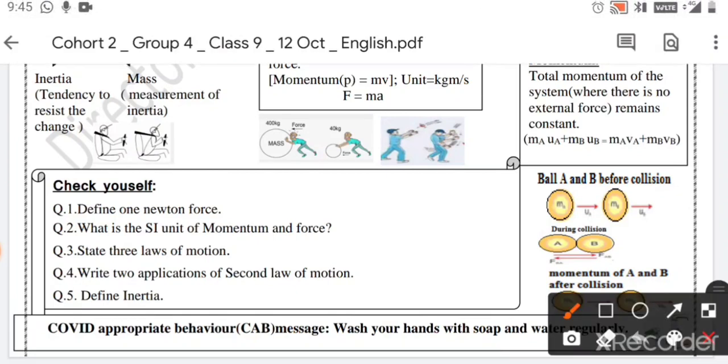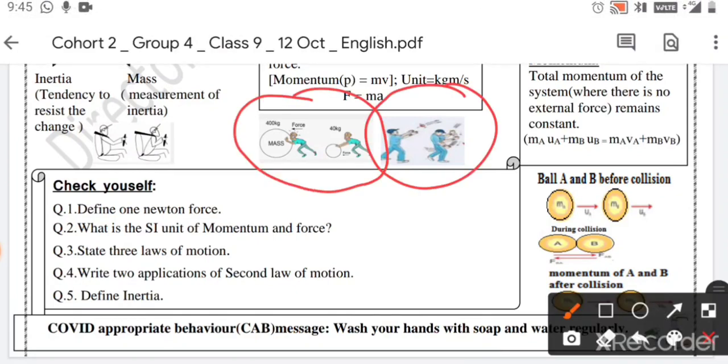2 applications have to be stated. Here these are given. If a man is pushing a mass of 400 kilogram, then it is difficult for him to push the sphere. And if it is low in mass, that is 40 kilogram, it is very easy to push it.